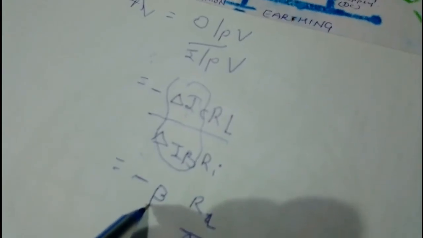Output voltage upon input voltage is equal to minus beta RL upon Ri. Why beta? Because you know that delta IC upon delta IB is equal to beta, the current gain. So AV is equal to minus beta RL by Ri.